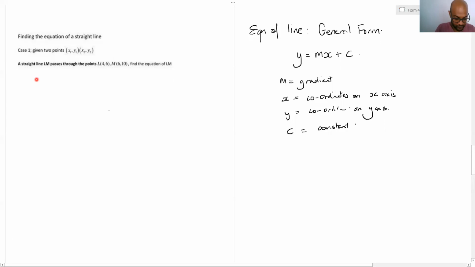So we have 2 points: L is equal to (4, 6), and M is equal to (6, 10). As always, label.